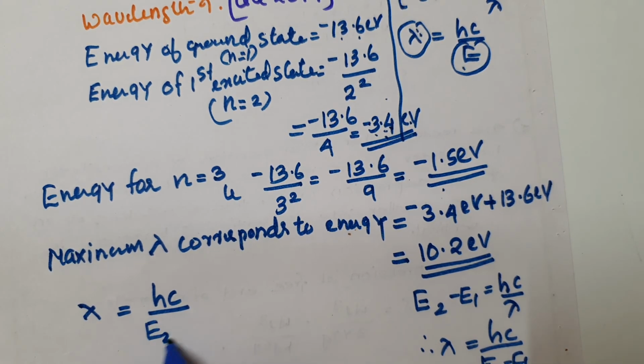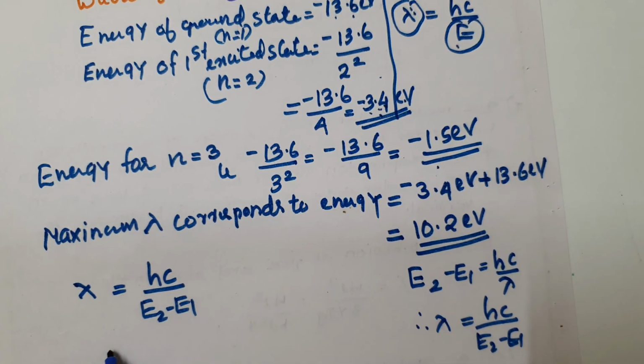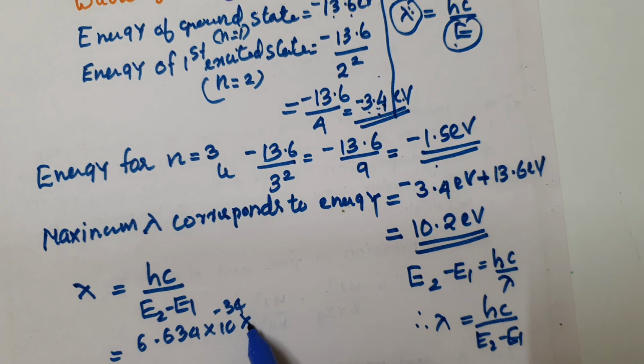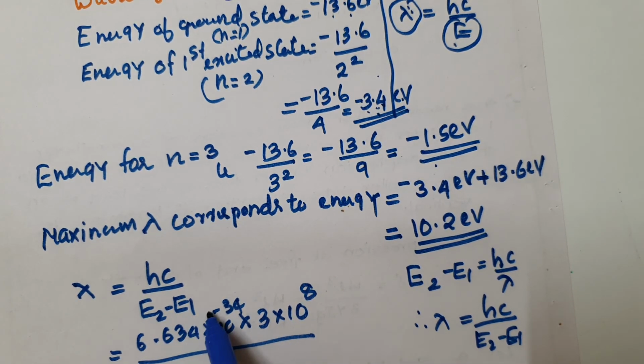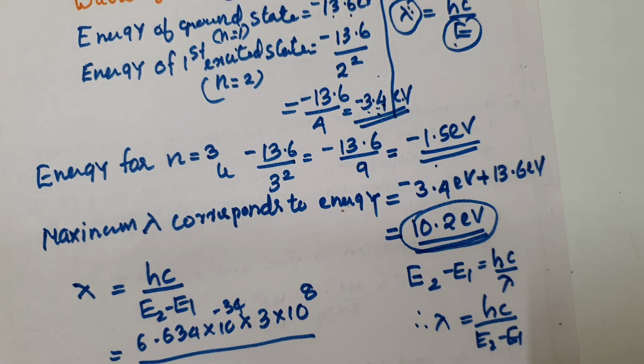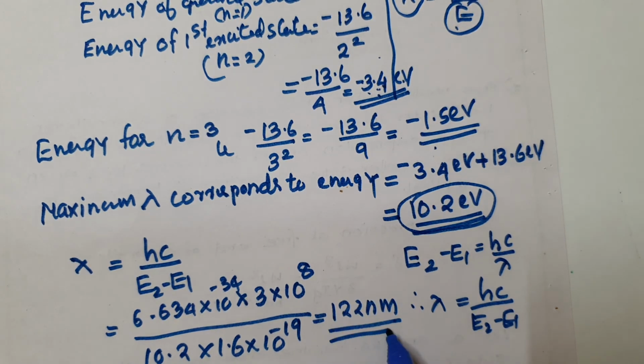Substituting the values, 6.634 into 10 raised to minus 34 into 3 into 10 raised to 8, divided by E2 minus E1, which is 10.2 eV, 10.2 into 1.6 into 10 raised to minus 19, and this will give approximately 122 nanometer.